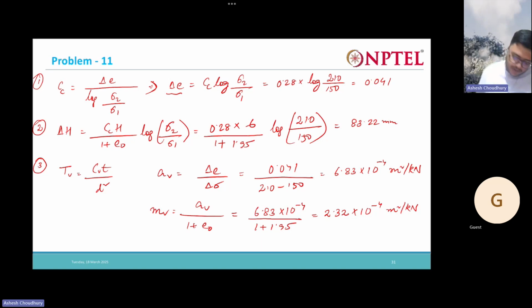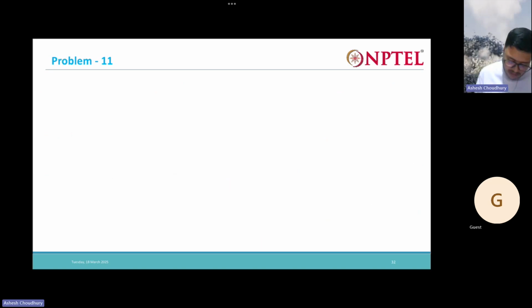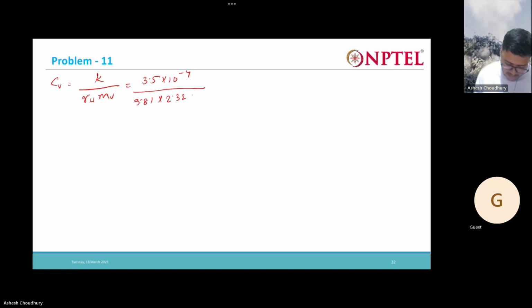Okay, so av I got, mv I got. Now we can find out Cv easily: av by gamma w into mv. So 3.5 into 10 to the power minus 4 by 9.8. Convert the units. It's 1.54 into 10 to the power minus 3 meters squared per second.